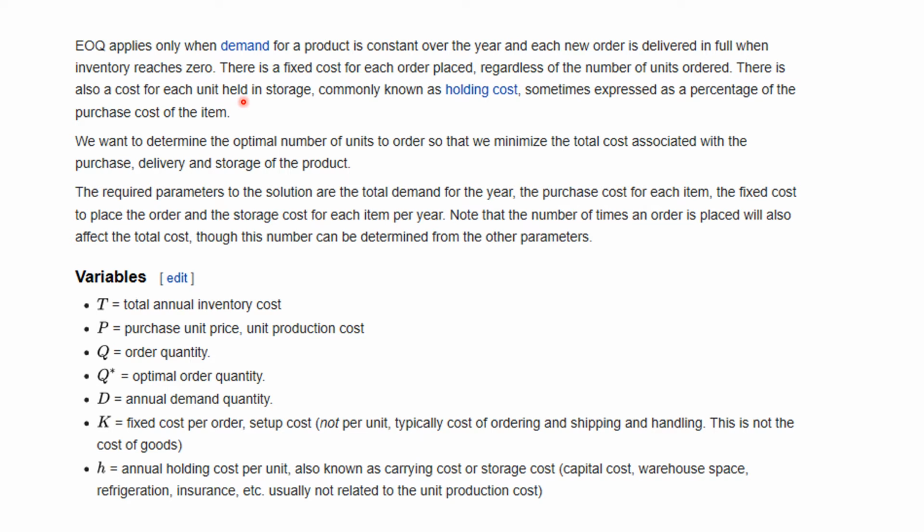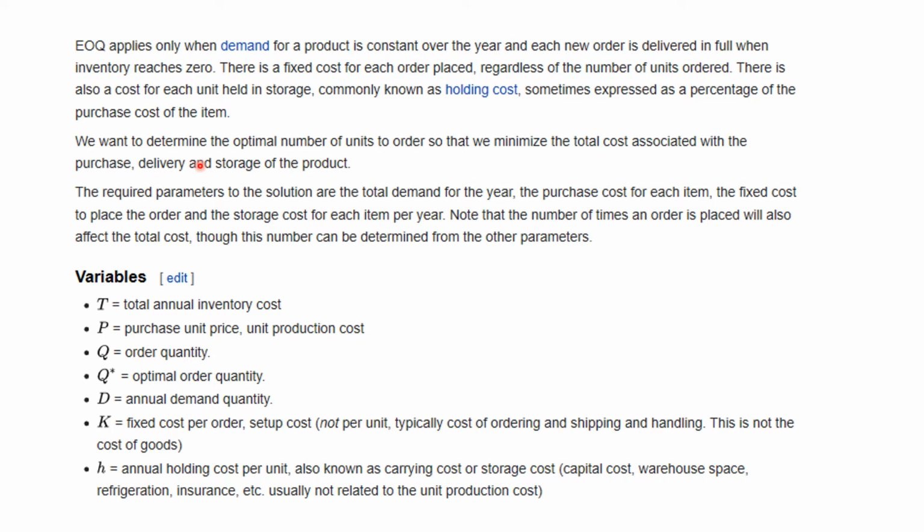There's also a cost for each unit held in storage, commonly known as the holding cost. This can be insurance, it can be warehouse space, and so forth. We want to determine the optimal number of units to order so that we can minimize the total cost associated with this purchase, delivery, and storage of the product.